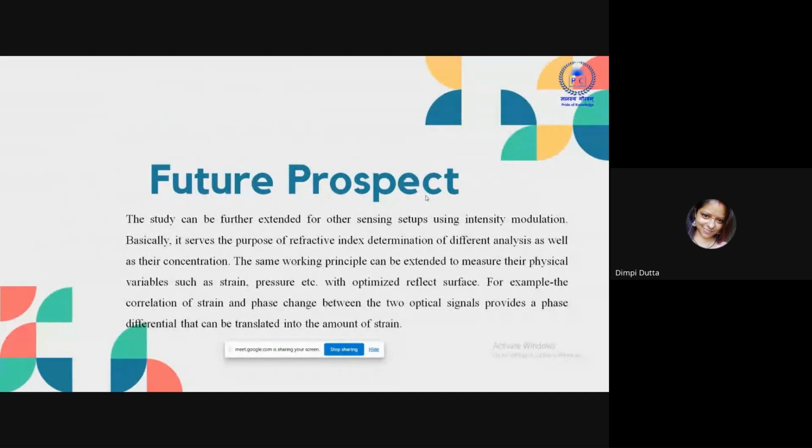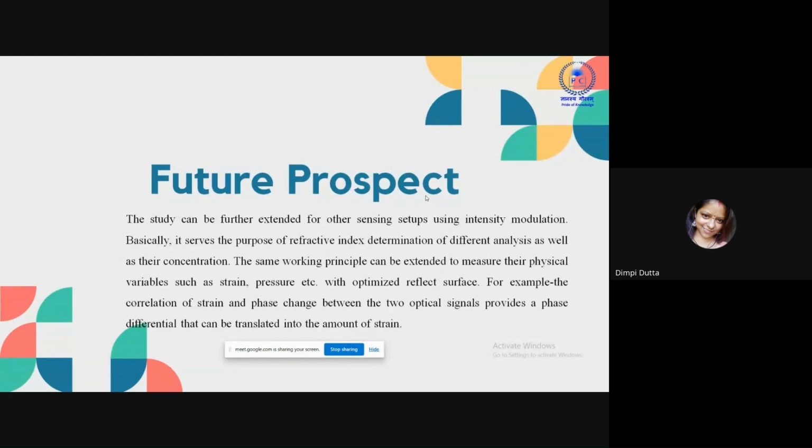So in the near future, we would like to perform the same for strain and pressure sensors. As a pressure sensor also we can use it, and I would also like to use this particular setup as a refractive index sensor, because as we know, we have used three dissimilar media, so change in refractive index also has an impact on this particular setup.